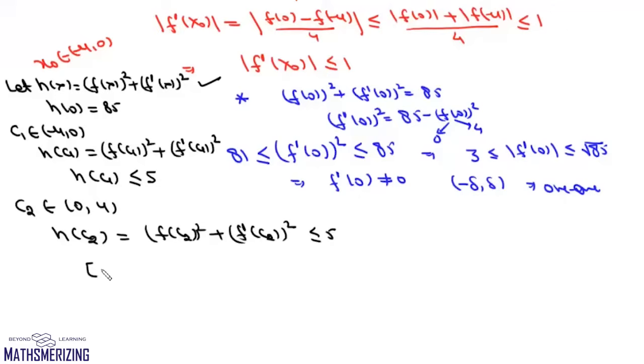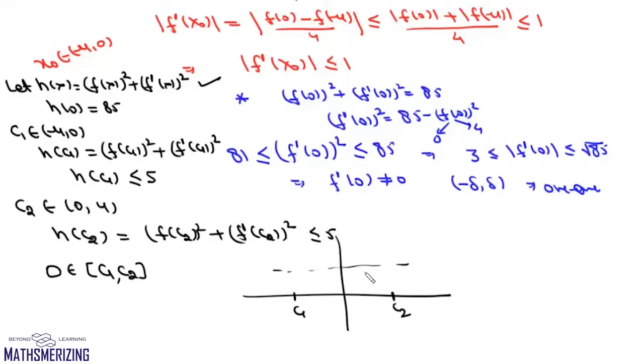Now in this interval from c1 to c2, which includes 0, we have this condition that the value of h(x) is 5 or less than 5 at c1 and c2, and then at 0 this value is 85. So this function, since it is continuous and differentiable, it will attain a maxima at some point, say alpha.